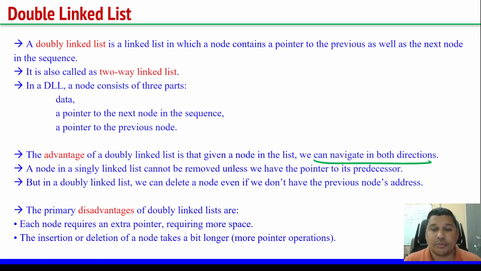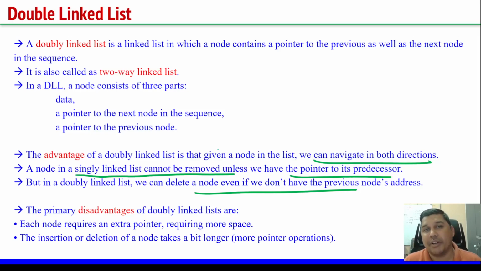Okay, right. So a node in a single linked list cannot be removed unless we have the pointer to its previous. If you want to delete a node, I should know its previous node. In a double linked list, we need not worry about it because we are always holding the previous node and next node. You see these 6 operations, the implementation of double linked list.